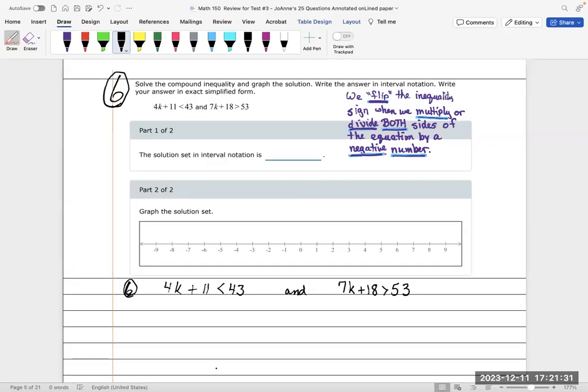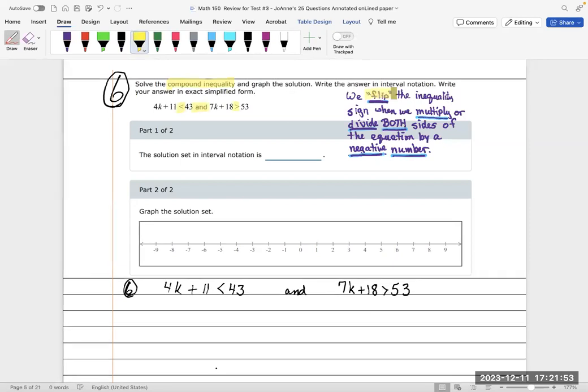All right, number 6, solve the compound inequality and graph the solution. Write the answer in interval notation. Write your answer in exact simplified form, and then graph the solution. So compound inequality means we're going to have things that are unequal, and we will have two parts.